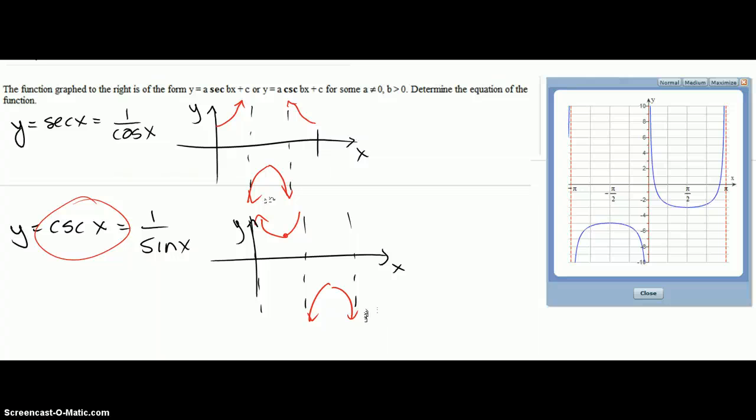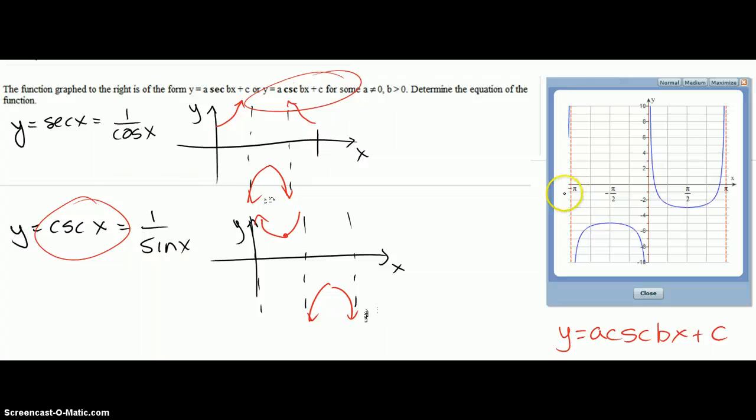So now we've got to figure out what the period is, the b. So now we know it's going to be y equals some a cosecant of bx plus c. We're going to use this one. Okay, so let's do the b next.